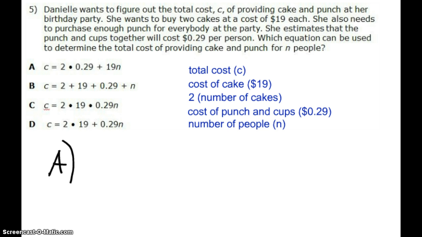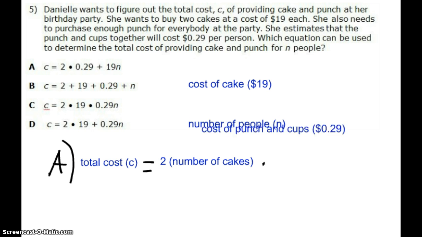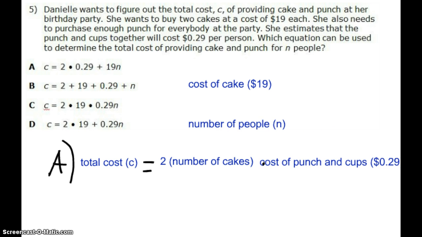So A, C, the total cost, equals 2 times 29. So that's 2 number of cakes times 29 cents, the cost of the punch.